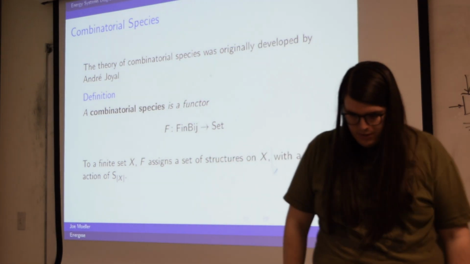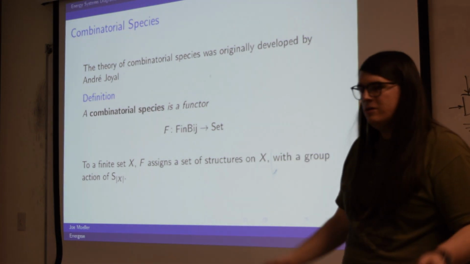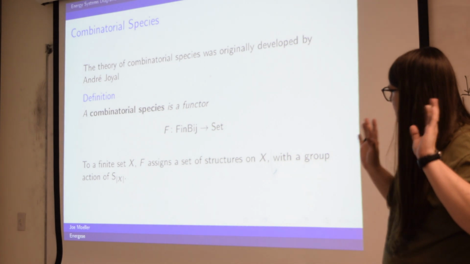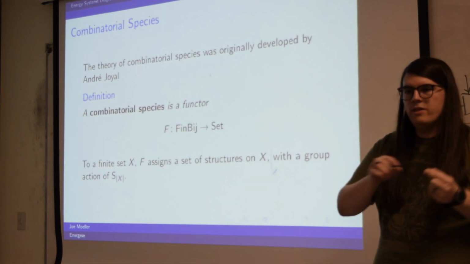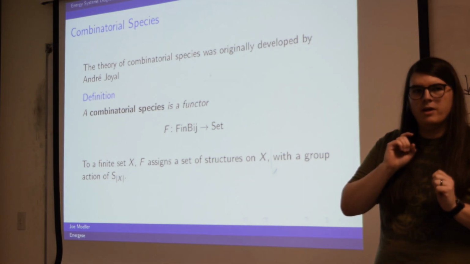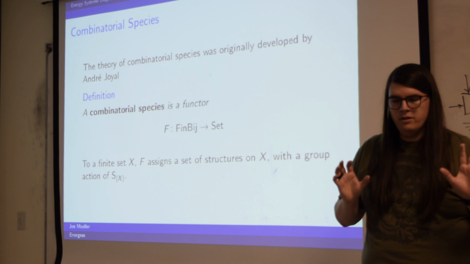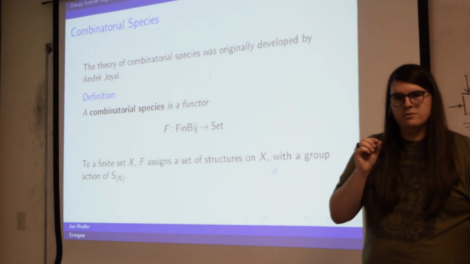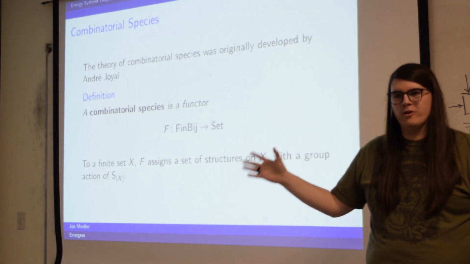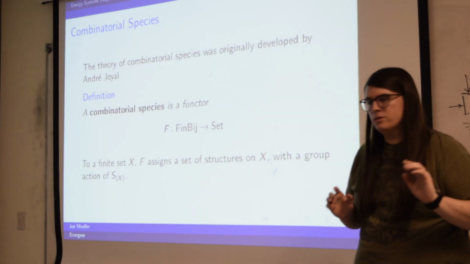If you think about the skeleton of finite sets and bijections, it's going to be just the natural numbers and then all bijections of a set of that many elements. So this looks like the symmetric groups thought of as categories, and then the coproduct of those, just a bunch of symmetric groups sitting next to each other.